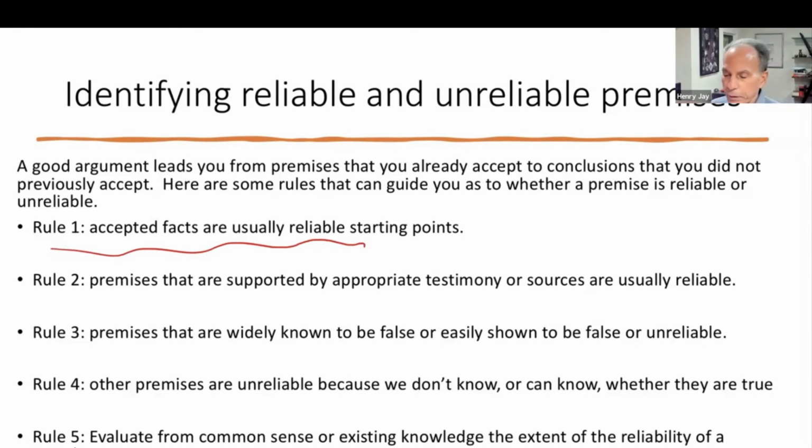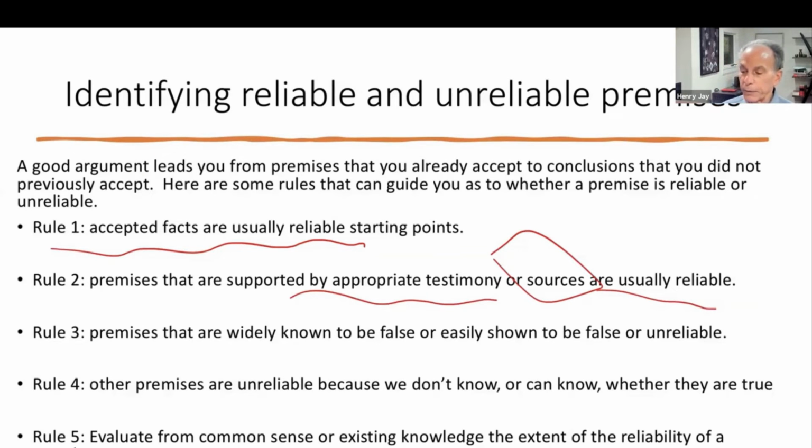If the premise is supported by appropriate testimony or appropriate sources, then it's usually reliable. Premises that are widely known to be false or easily shown to be false are unreliable. We'll go over examples. Other premises are unreliable because we don't know or can't know whether they are true.